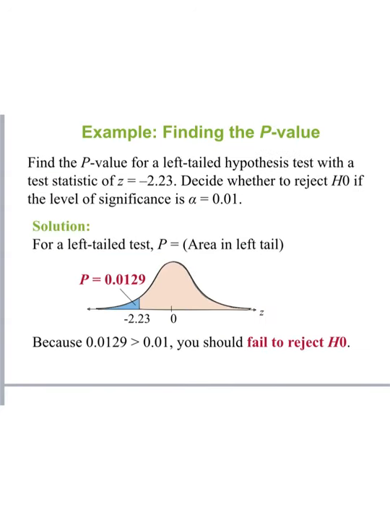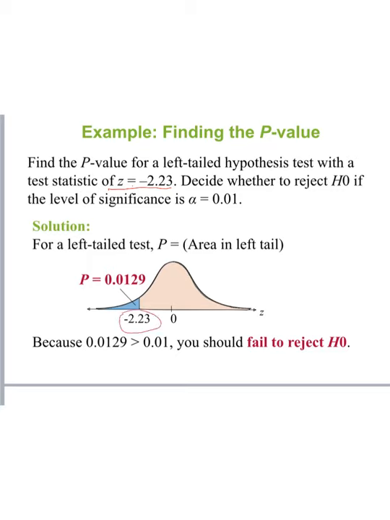Okay, example. Find the p-value for a left tail hypothesis test with the test statistic already given to you. Somebody computed it for you: z equals negative 2.23. So in order for us to find the p-value, again, you can use your table. You had to know that it was a left tail test, right? So you sketch the picture and you put your test statistic on the horizontal line.